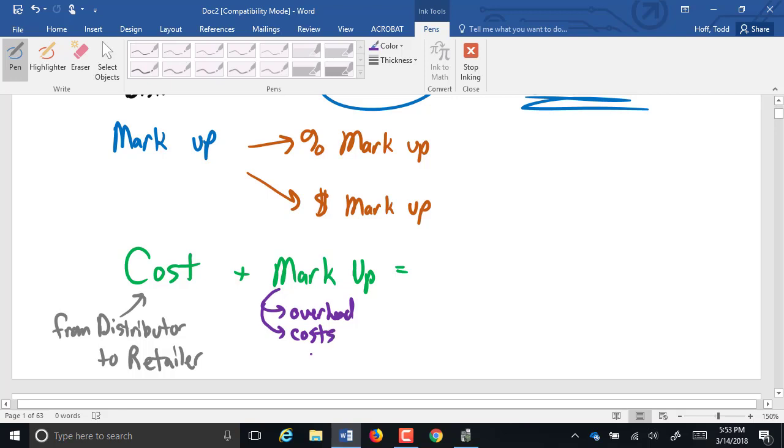Then there are other costs, other than the cost of the product itself: you have labor, possibly insurance, things like that, that might be directly related to doing business. And then, of course, the third very important thing that the markup includes is profit.